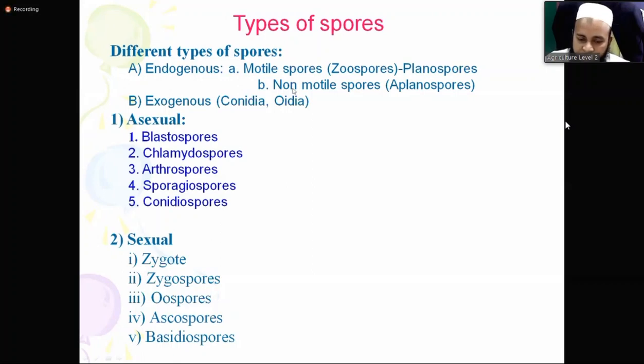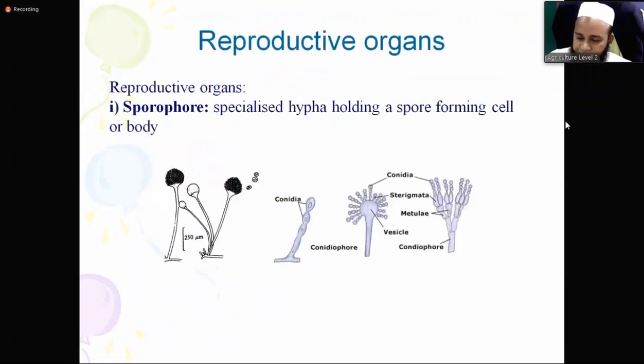So you know conidia. I told you what is sporophore. In that case I show you conidia. Here you can see they don't have any sac-like structure, they directly grow. So these are conidia. Here you can see they produce a sac-like structure, a bag. Inside this sac-like structure they produce spore.